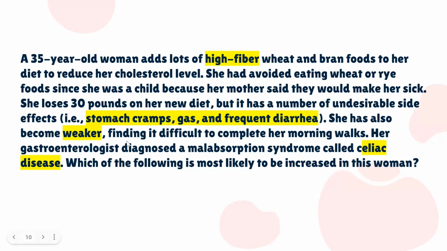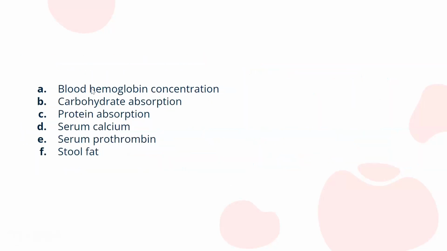She also has become weaker, finding it difficult to complete her morning walks. Her gastroenterologist diagnosed a malabsorption syndrome called celiac disease. Which of the following is the most likely to be increased in this woman? So, is it the blood hemoglobin concentration, the carbohydrate absorption, protein absorption, serum calcium, serum prothrombin, or stool fat?